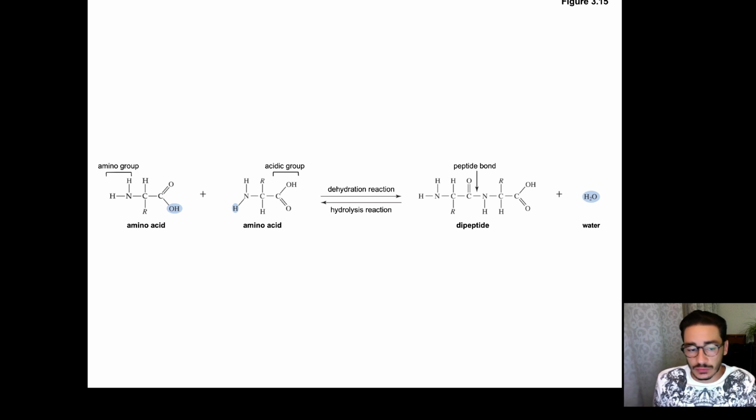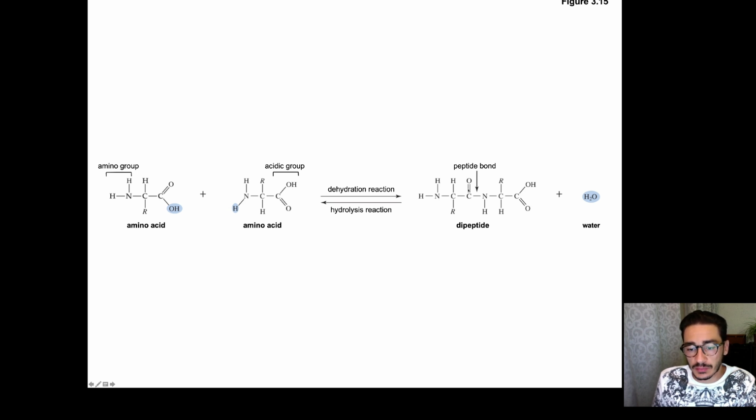And what's the purpose of this reaction? When we have two molecules, for example, one amino acid and the other amino acid, we're going to make a chain of those two amino acids to produce a portion of a protein. When you take one amino acid and connect it with the other, you make a peptide bond.